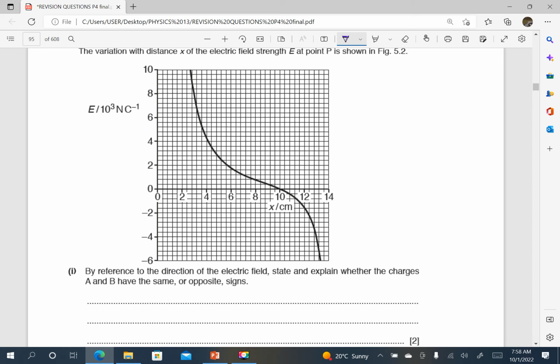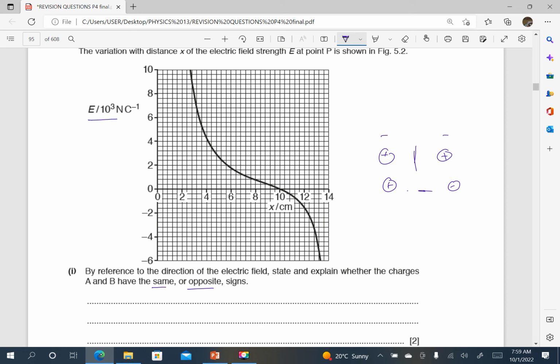By reference to the direction of the electric field, state and explain whether the charges A and B have the same or opposite signs. You notice we said if they are like charges, positive, positive, there is a point between them where E becomes 0, even if they are negative, negative. If they are unlike charges, positive and negative, there is no such point where E becomes 0.